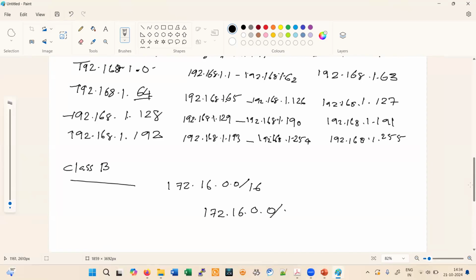You can practice by using /20 in class B, and you can do /15. So by using the above steps, you can find out the number of subnetworks and the valid IP range in each network. And you can find the subnet mask.